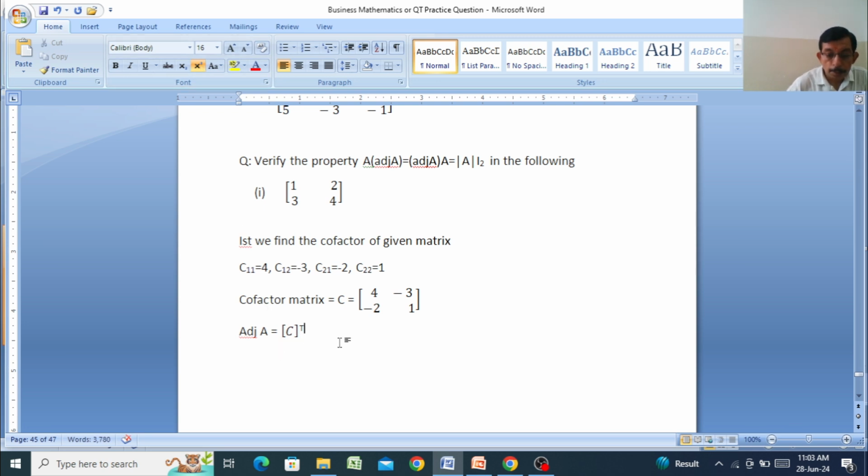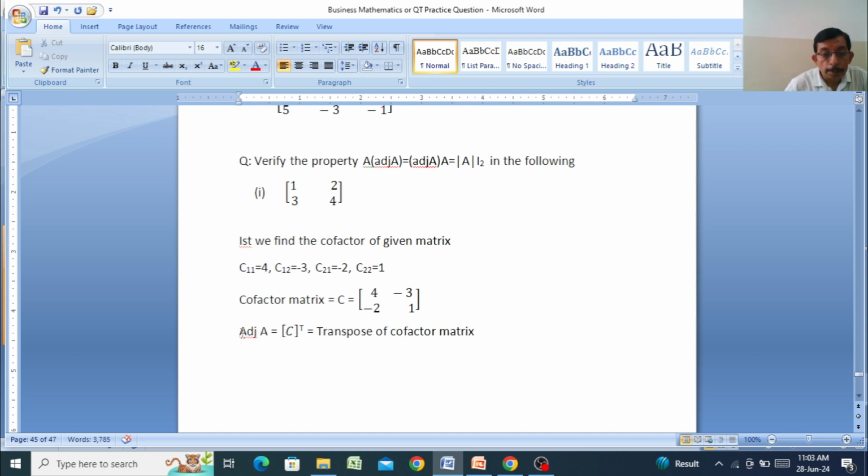It means transpose of the cofactor matrix.